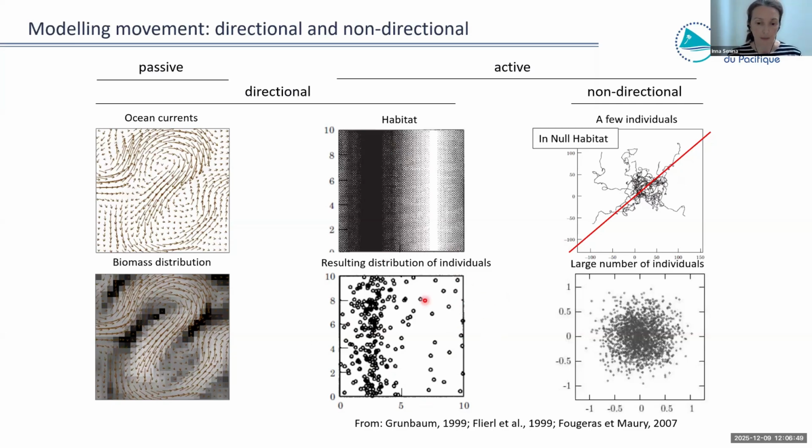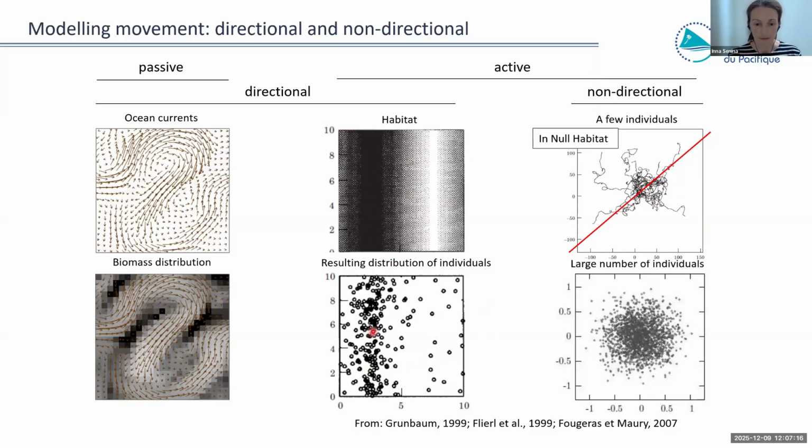And here a good example: it's easier to understand the movement of individuals than the density. The example shows how the individuals would be distributed in finite time if we let them move in a heterogeneous field, like a habitat here, which has the most favorable condition in this location.